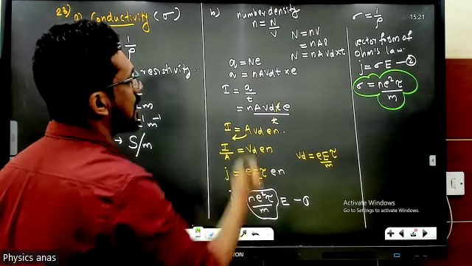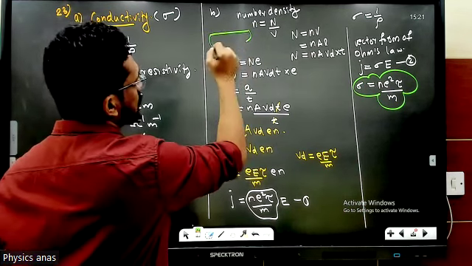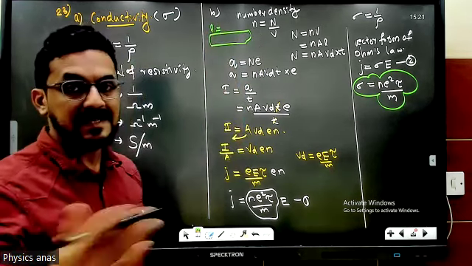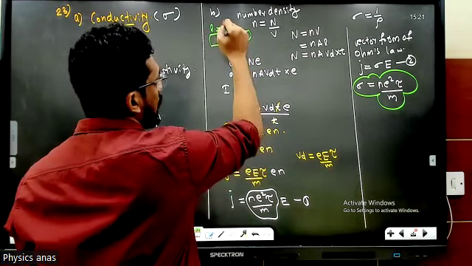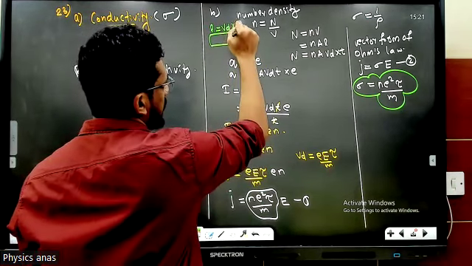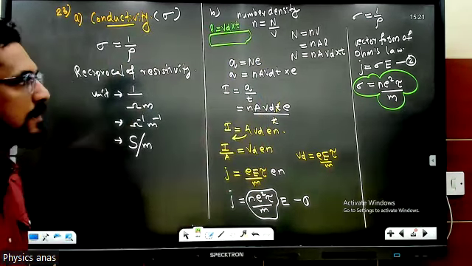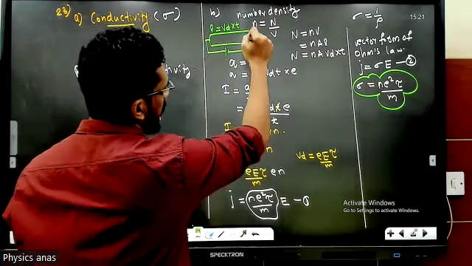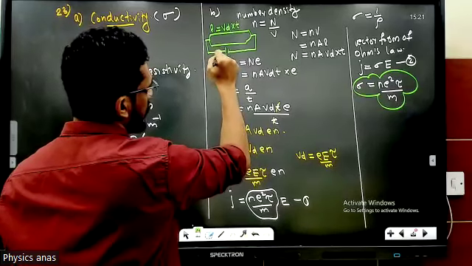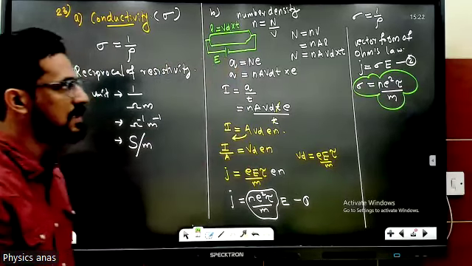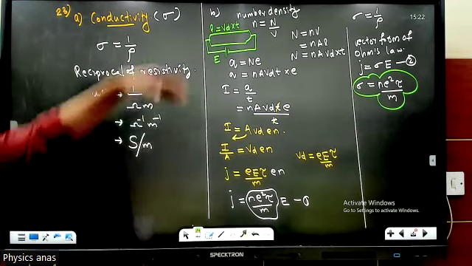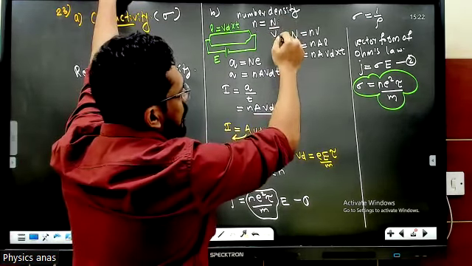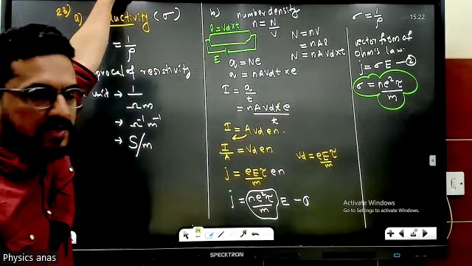From where did we start? If we have a conductor like this, the length of the conductor can be written as velocity into time, that's distance, and this conductor is connected to a battery of EMF E. Number density n is equal to capital N by V, number of electrons per unit volume.